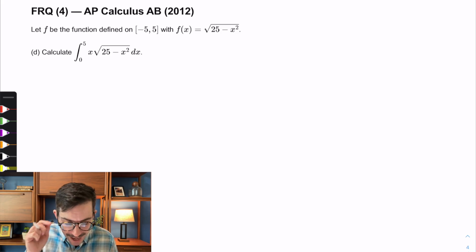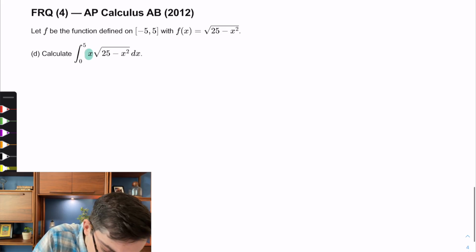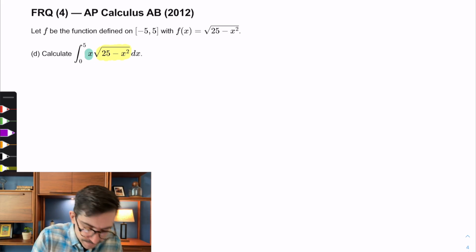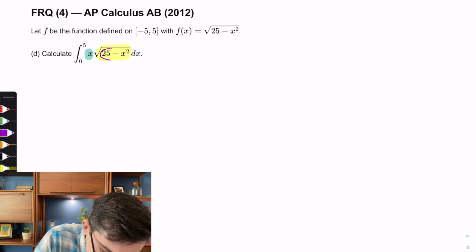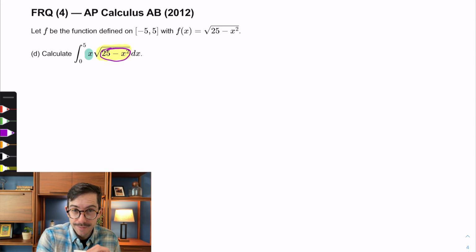First of all, I have a product. I have that x term, and then I have this second factor multiplying it. And what's more is I have this piece under the square root whose derivative is something like that x that's hanging out outside.